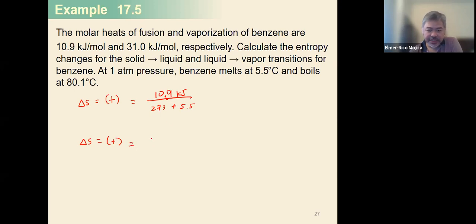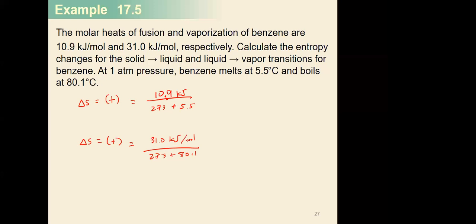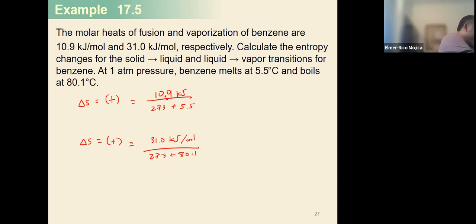And here, I would have 31.0 kilojoules per mole divided by 273 plus 80.1. Why do I need to add 273? To convert to Kelvin. Everyone clear on that? Yes.